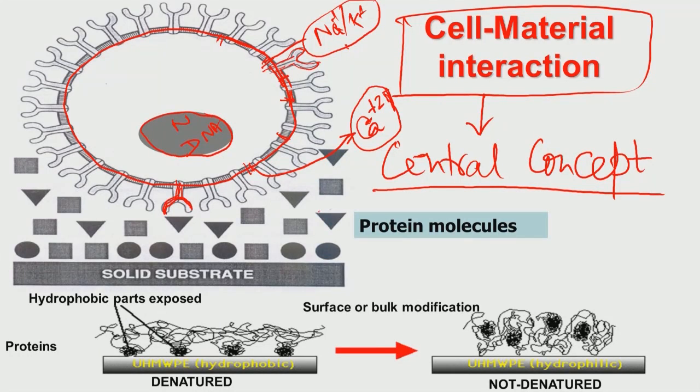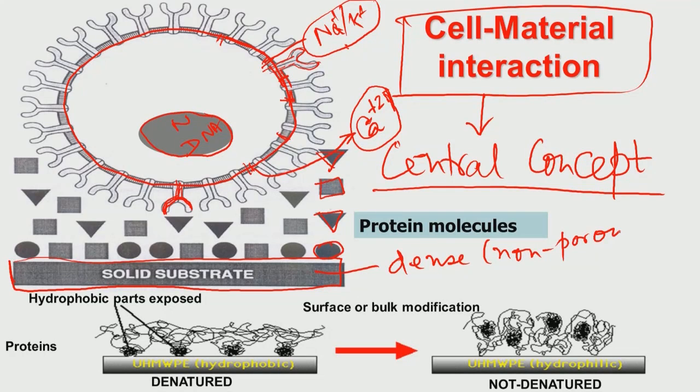Now coming to the proteins, you see the different shapes of these geometric objects I have mentioned here. Each geometric object represents a different protein conformation or a different type of protein. These protein molecules sit on a solid substrate. This solid substrate can be either dense, that means non-porous, or porous.